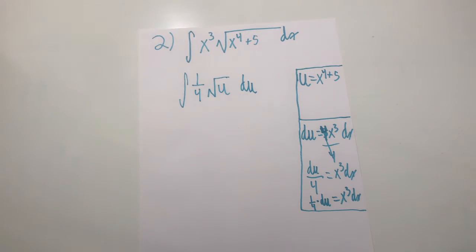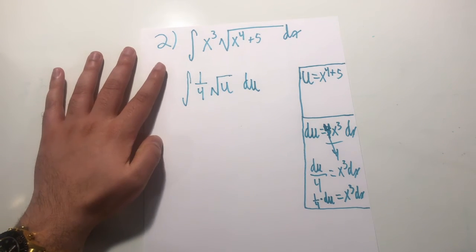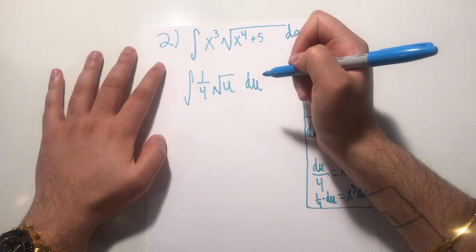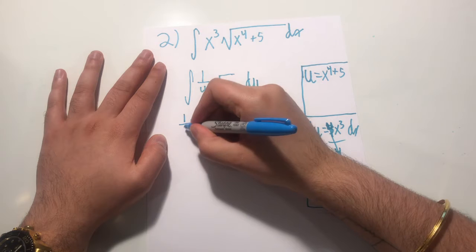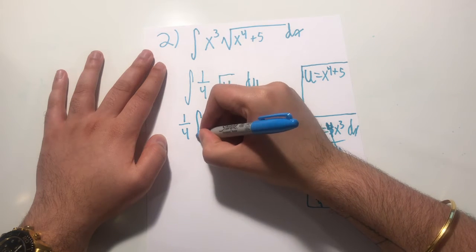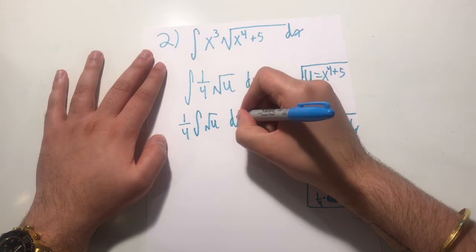Now, a rule you should be familiar with by now is that constants in integration can be taken out and put to the front, right? This is a super important rule, and it comes up in other stuff too, like when you eventually do series and sequences. All right, so the 1/4 will be taken out, and I'm now left to do the integration of square root of u du.